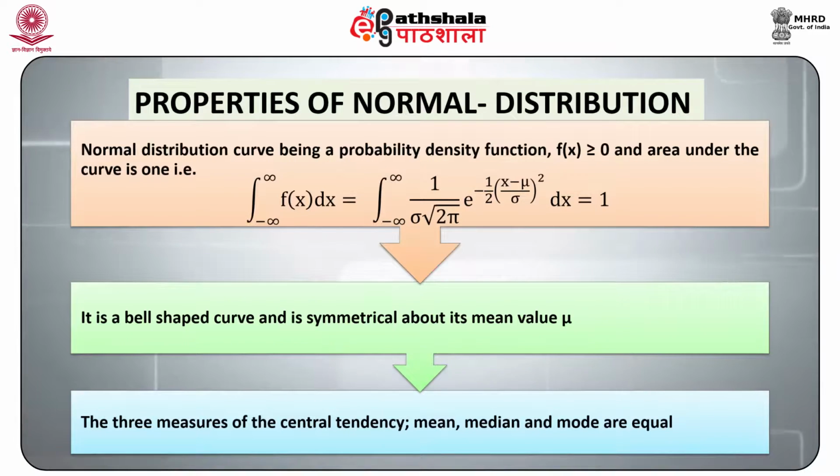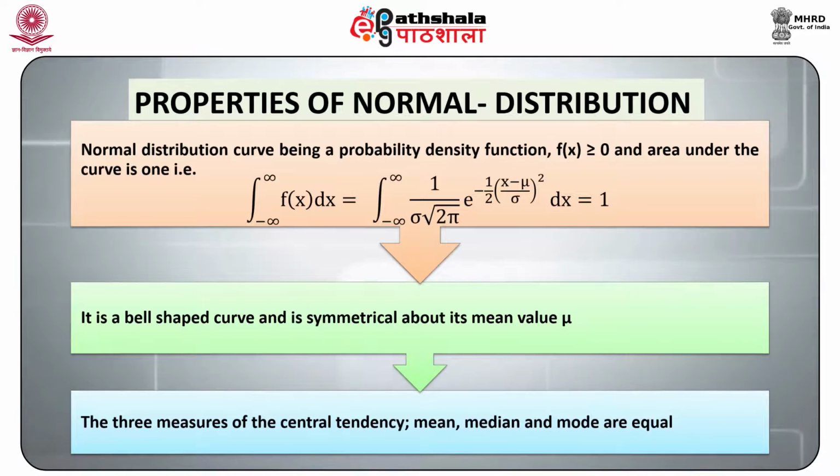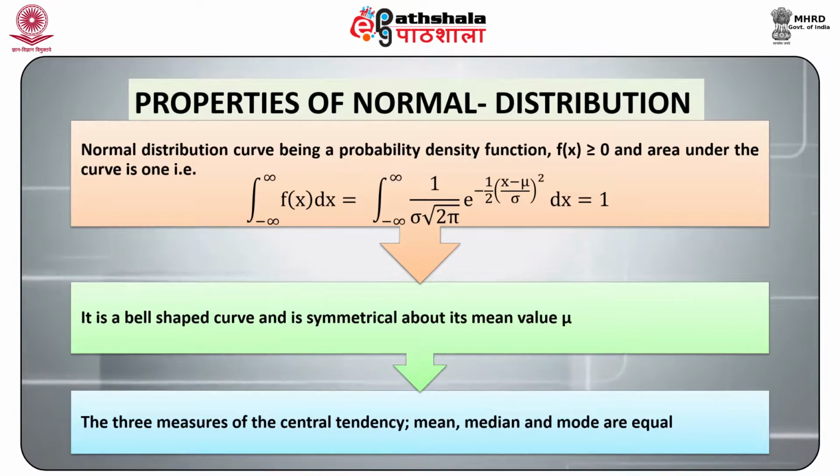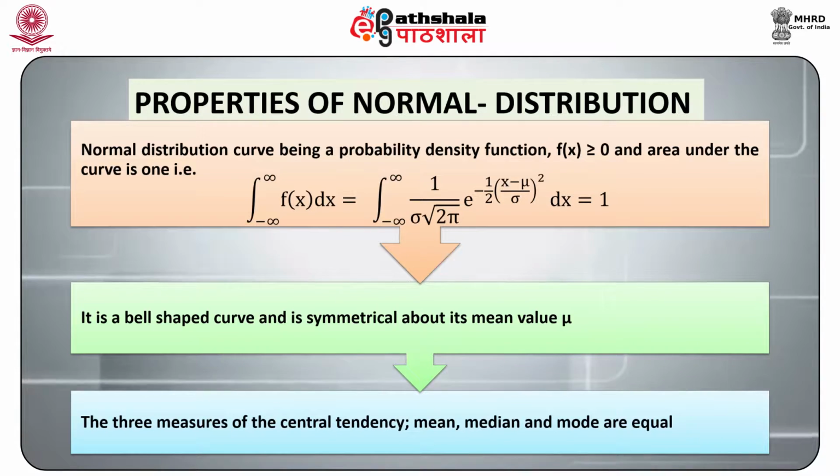The main properties of the normal distribution curve are: this being a probability density function, f(x) is greater than or equal to 0, and area under the curve is 1, that is, integral from minus infinity to infinity of f(x) dx is equal to integral from minus infinity to infinity of 1 upon sigma square root of 2 pi into e raised to power minus 1 upon 2 (x minus mu divided by sigma) whole squared into dx is equal to 1.